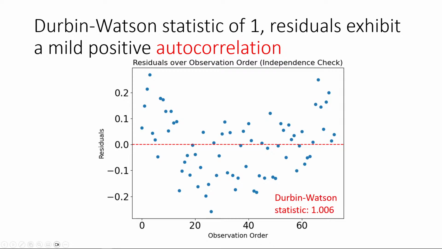What does this mean? Remember, if it is two, then there is no correlation. Being away from two means the residuals exhibit a mild positive autocorrelation, suggesting that the independence assumption may not be fully met.